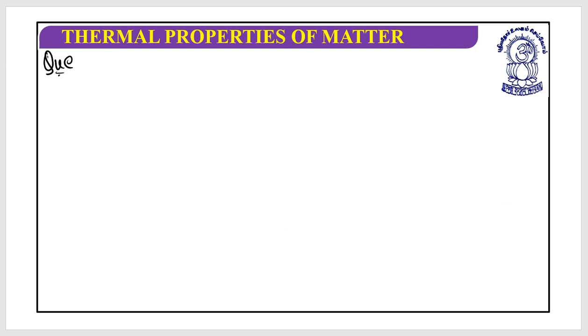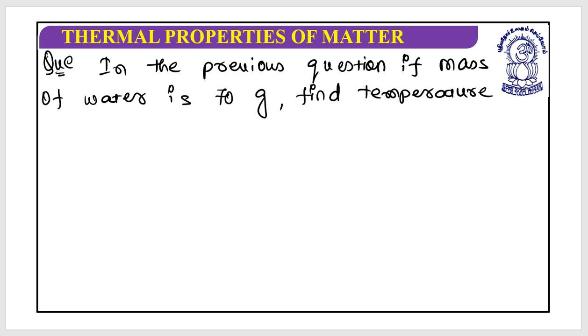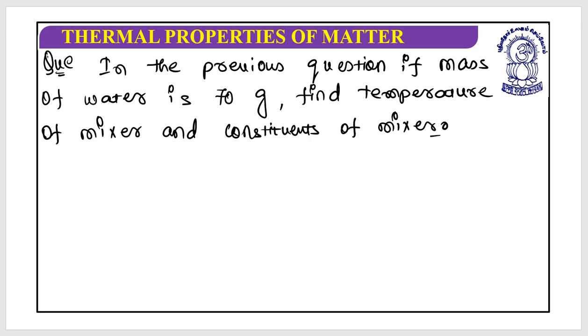The question says that in the previous question, if the mass of water is 70 gram, find the temperature of the mixture and constituents of the mixture. So how will you do this?